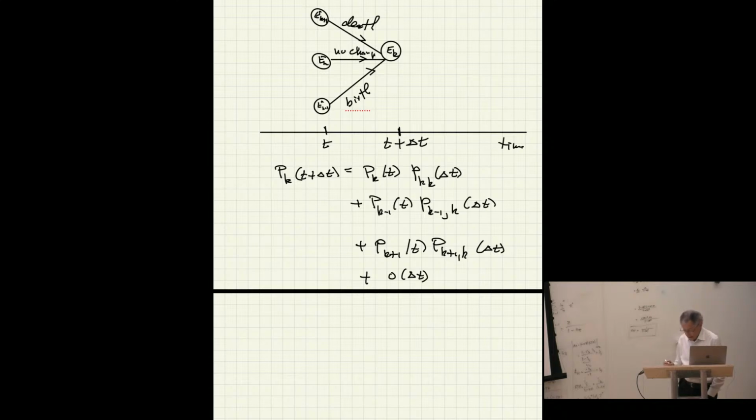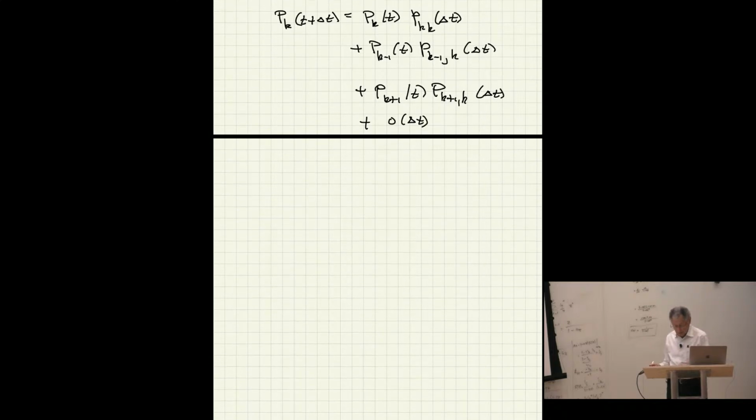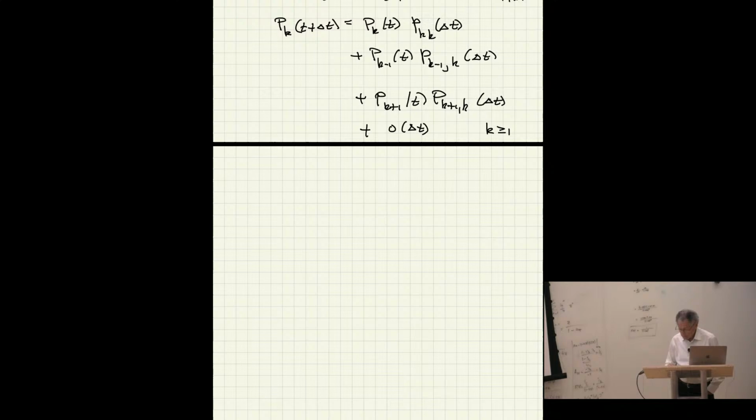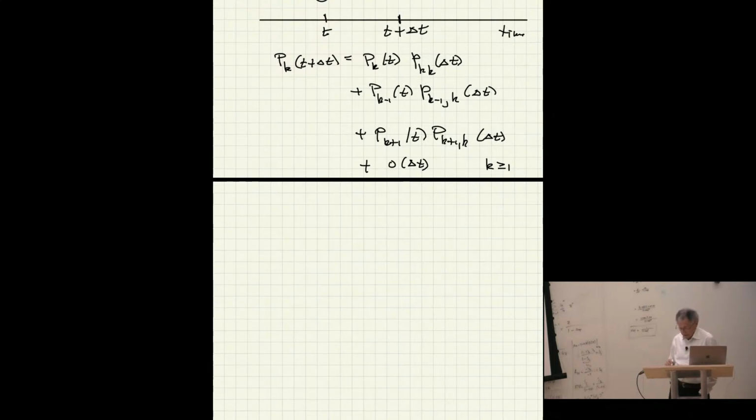Other things could have happened at an extremely small probability. And this is good for K greater than or equal to 1, because I allowed myself to go down from K to K minus 1, or come up from K minus 1 to K.